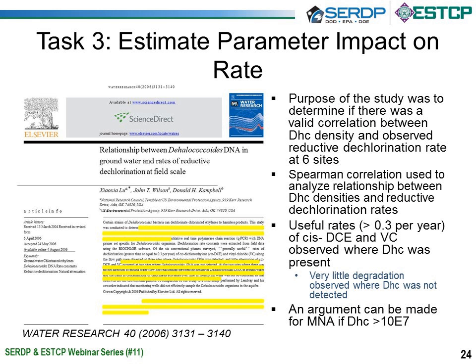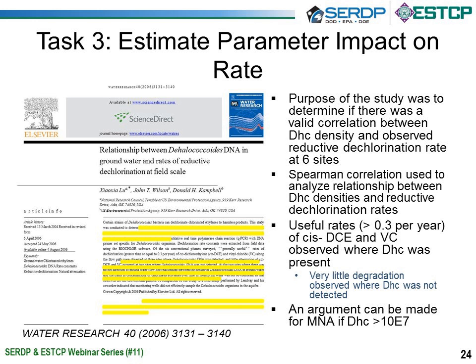So when it was time to estimate that impact, we followed a methodology that had been used and validated by John Wilson and others. This was published in 2006, and in this 2006 exercise, the purpose was to establish or determine a valid correlation between Dehalococcoides densities and the observed reductive dechlorination rates at 6 sites.